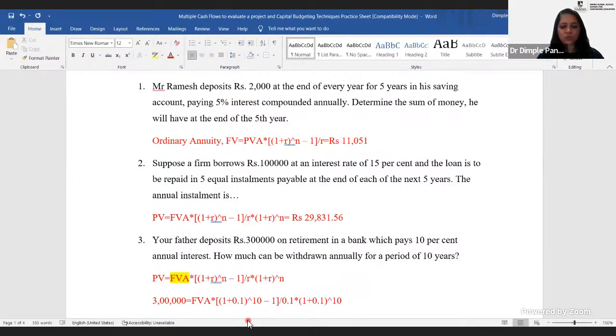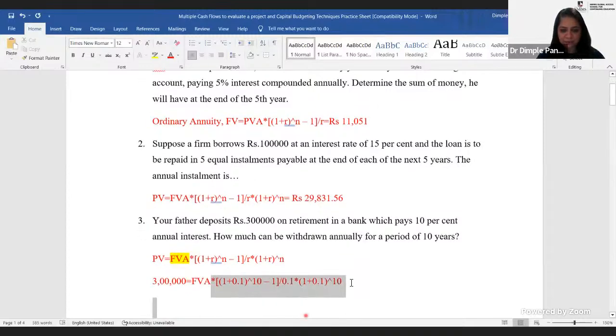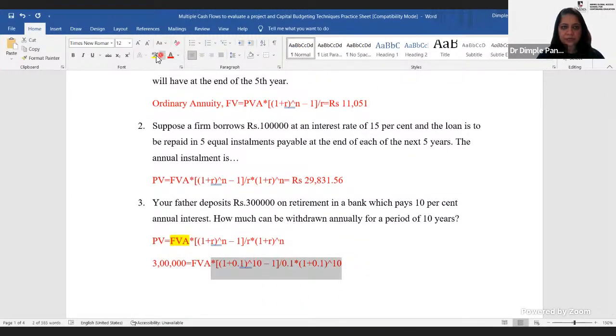You will get the answer as 2.5937. From that, subtract 1. So it will become 1.5937 divided by 0.1, again divided by 1.1 raised to 10. So the value of this number, what you see on the right-hand side, would be 6.144. Has everybody got that? So follow the rules of BODMAS.